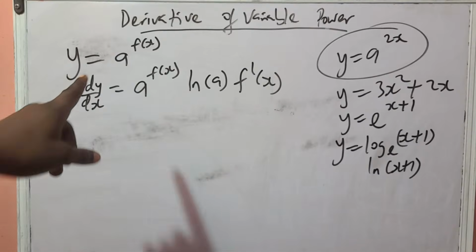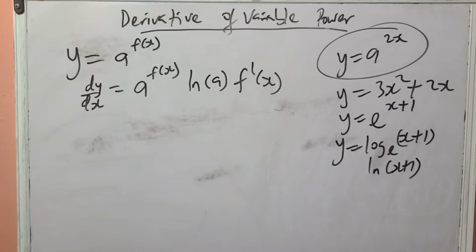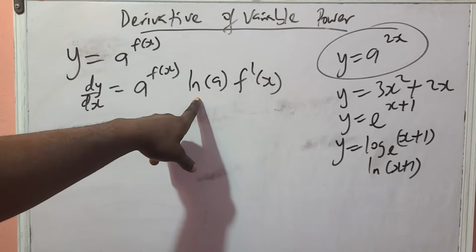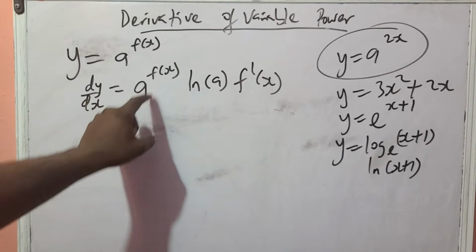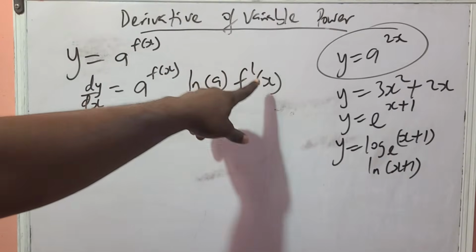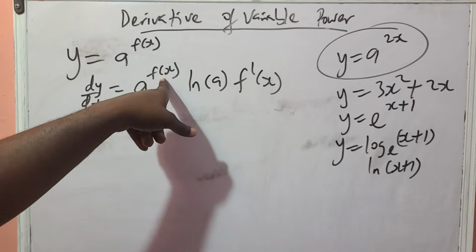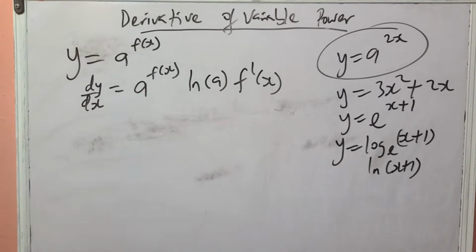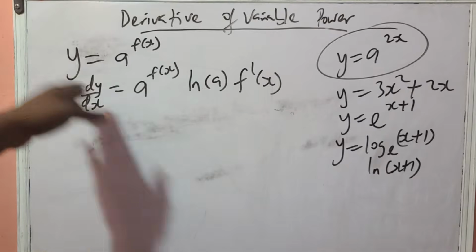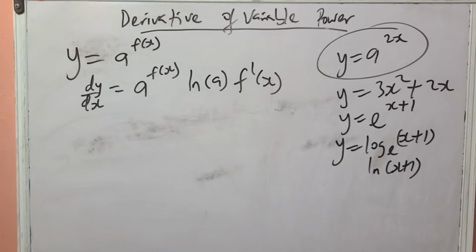The first thing you want to do is write the variable power. Then you take the natural logarithm of the variable alone, and then you multiply all these things with the derivative of the power of the variable. So that's how you're going to be able to differentiate a question that has situations like this, variable power.